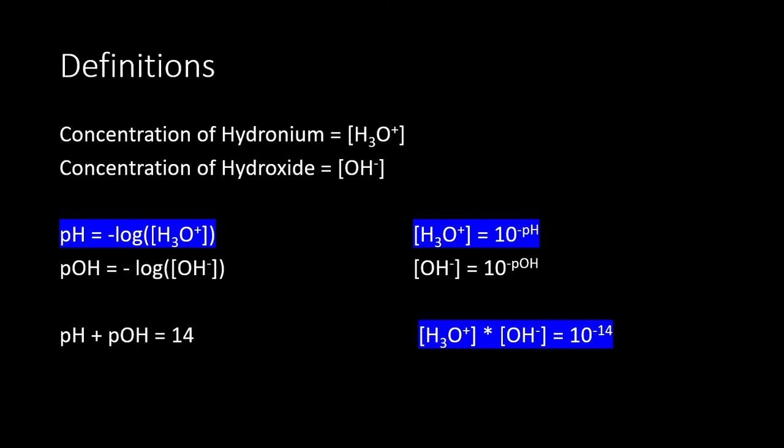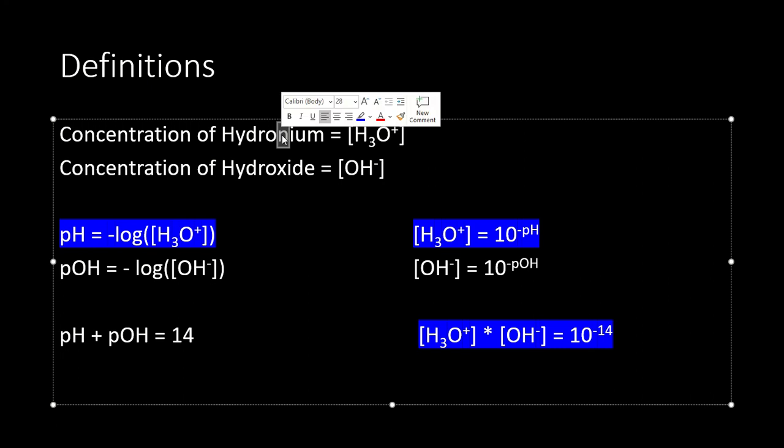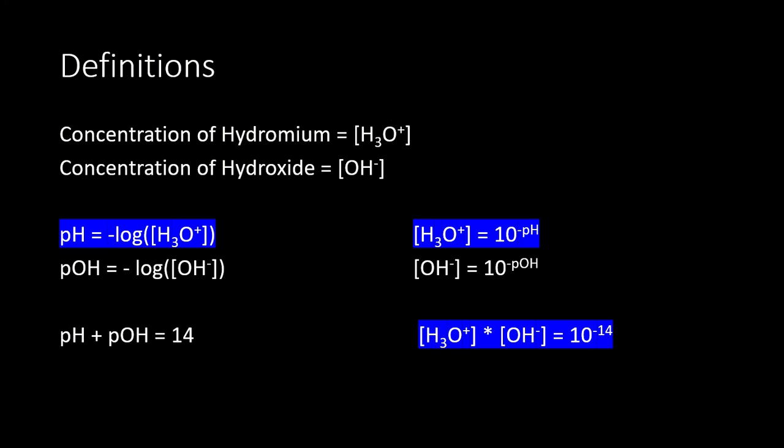As far as how we represent the term concentration, essentially if you want to represent the concentration of something, all you do is put that formula between brackets. So if we're ever working with a concentration of hydronium ion, that would be H3O+ placed between brackets.